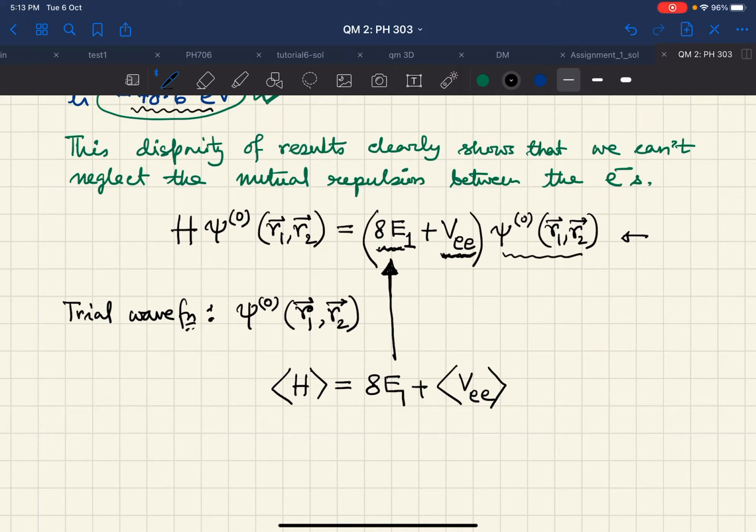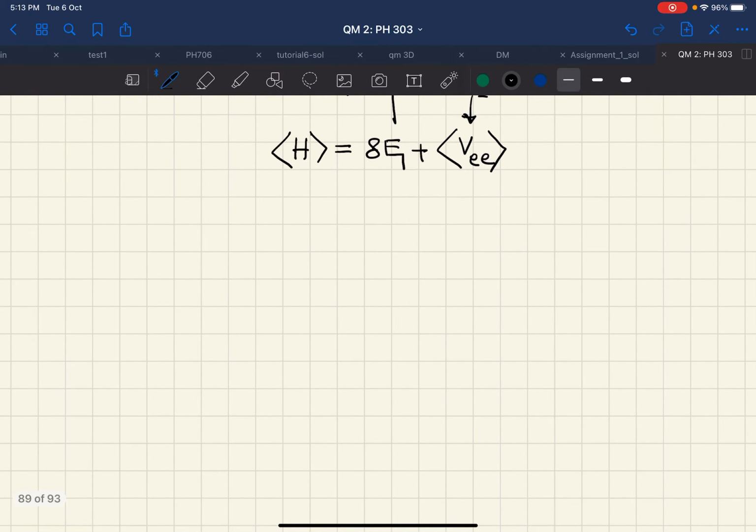That is what our task is. Now, you can, if you like, actually interpret this equation as first order perturbation theory with the perturbative Hamiltonian written as VEE. I will come to that discussion later, but for the moment, let us look at how we can evaluate this expectation value.